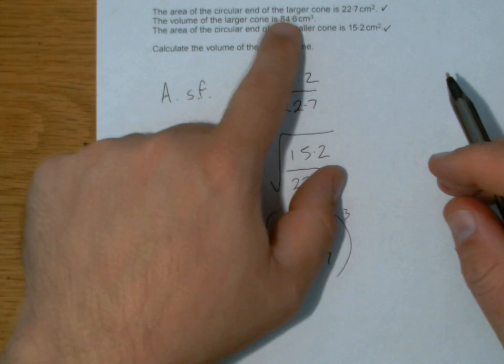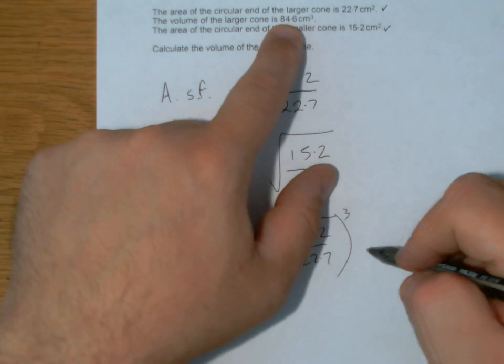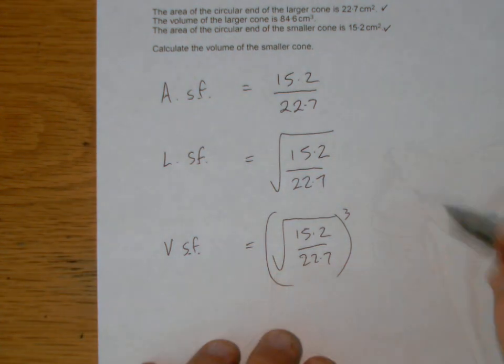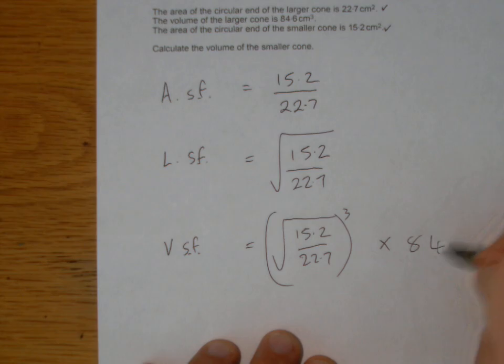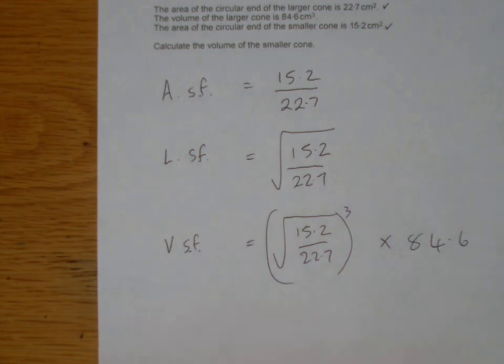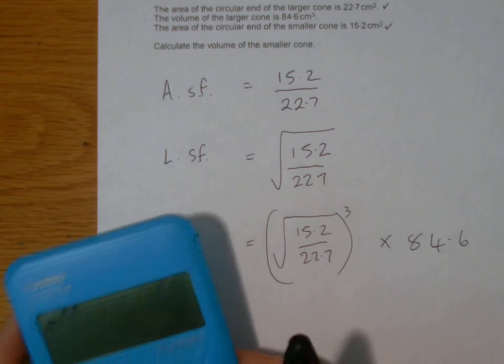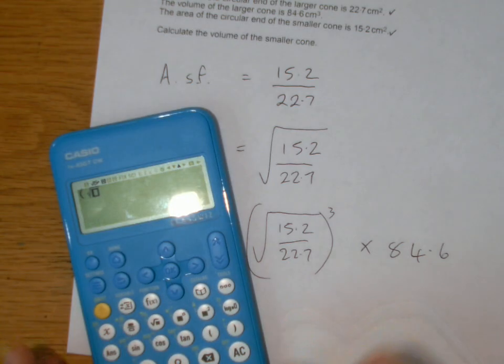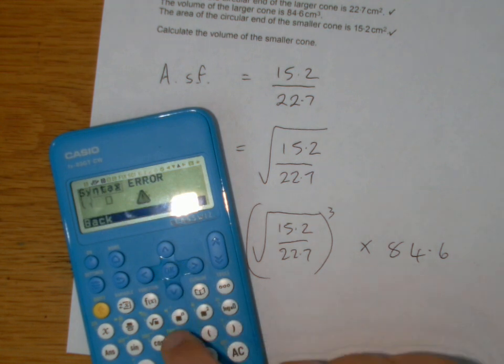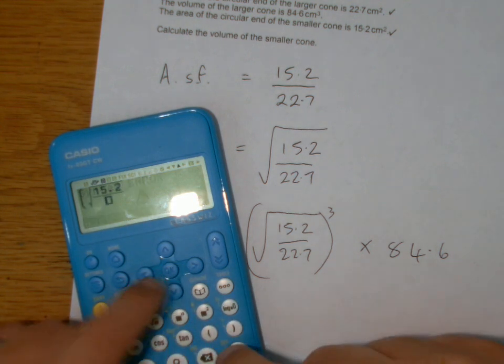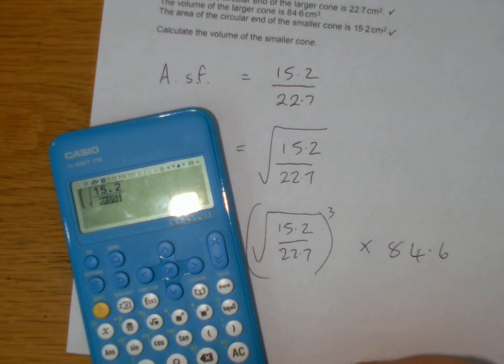So I'm going to just take the volume of the larger one and I'm going to times it by this here. So all I need to type into my calculator is this. So let's do it. So I've got bracket, square root, fraction 15.2 over 22.7.